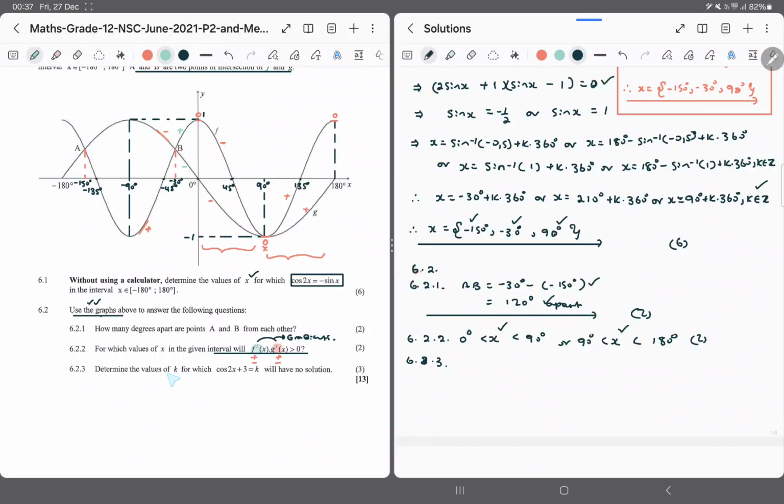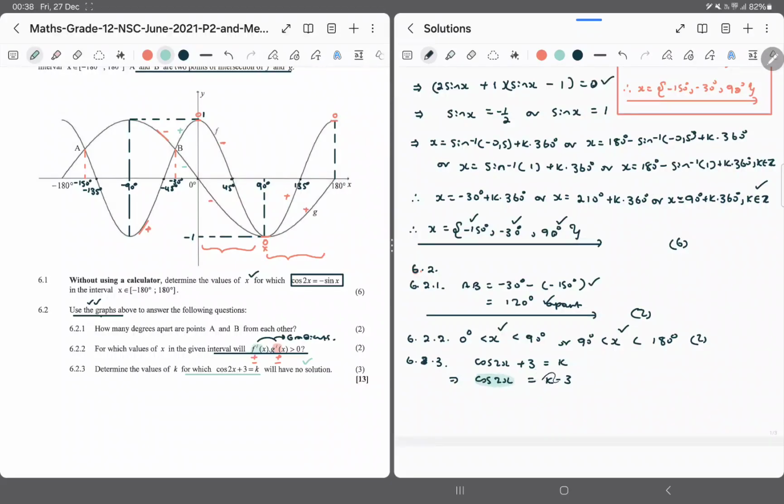Now the last question, this is 6.2.3. We're told to determine the values of k for which this will have no solutions. Okay, now we always try to make this look like what we see. So we can see this cos 2x plus 3 equals k implies that cos 2x is equal to k minus 3. But now we are saying no solutions. So what do we mean? It means this business right here. Remember, cos 2x has a maximum at 1 and a minimum at minus 1.